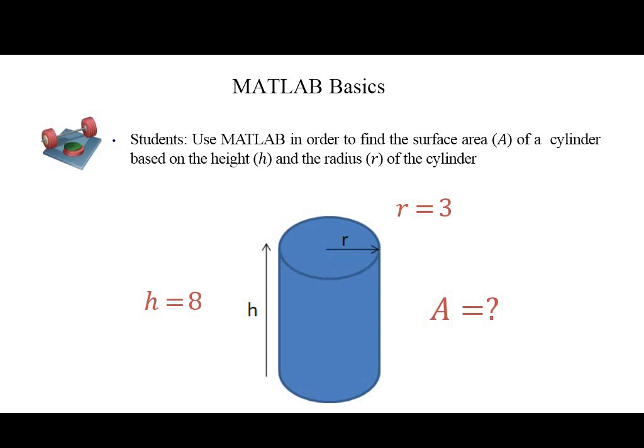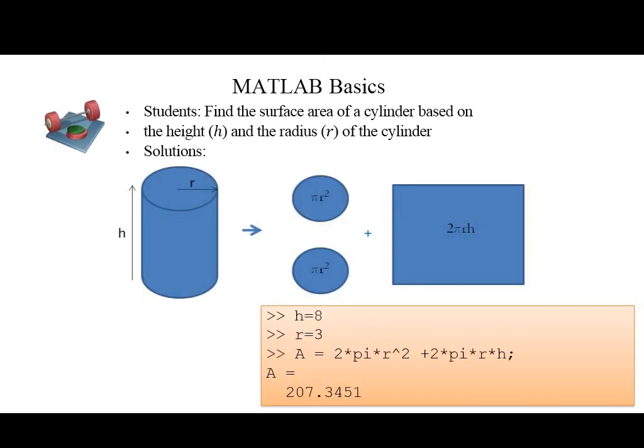Suppose you want to know the surface area of a cylinder, with height 8 and radius 3. If you want to calculate this in MATLAB, you have to write the correct equation: assign h = 8 for height and r = 3 for radius, and then area = 2 * pi * r^2 + 2 * pi * r * h.